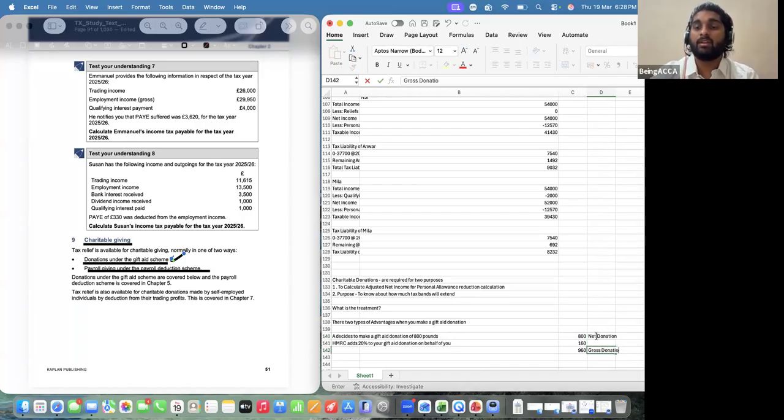Though you have made a payment of only 800 pounds, the charitable organization actually gets 960 pounds from the donation that you have made. Always remember, this is an important point.